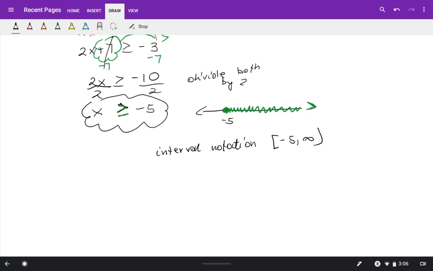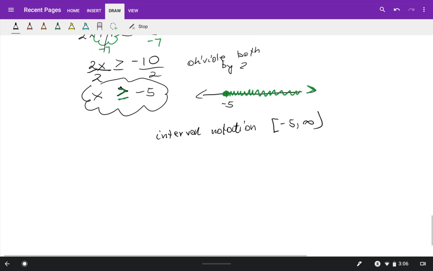Okay. Next, I want to solve combined inequalities. So that's objective 3. Solve combined inequalities.